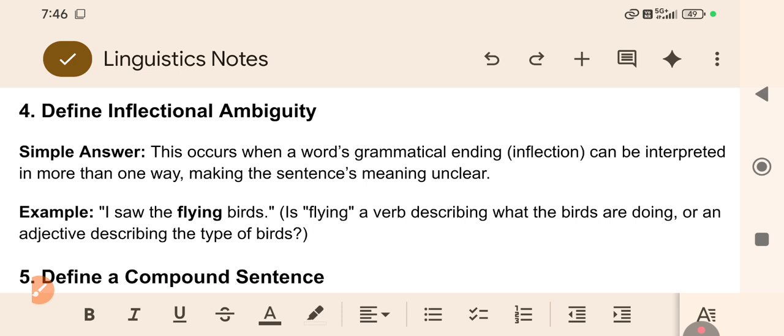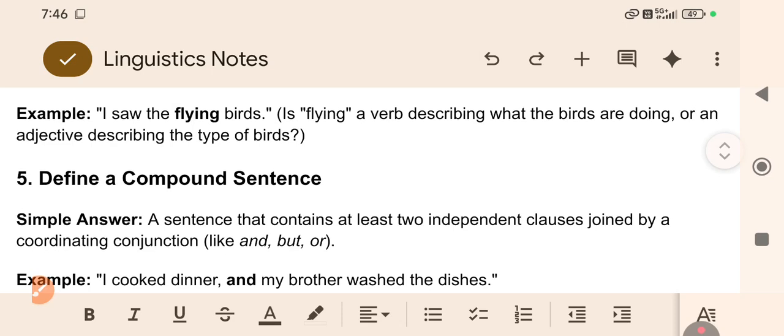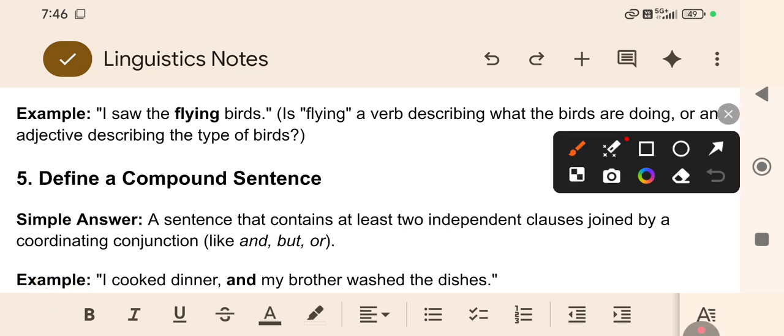For example, walk and walking. What example have they given? Flying, right? I saw the flying birds, right? Now the problem is, is flying a verb describing what the birds are doing, or an adjective describing the type of birds? So here, birds' action means right now birds are flying, right?